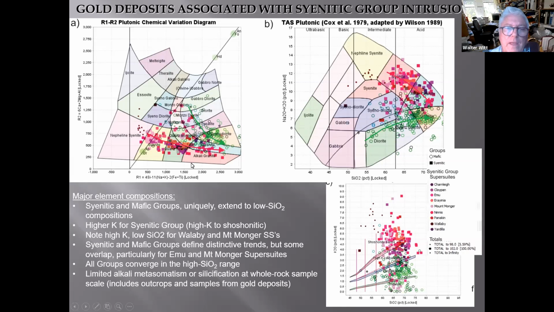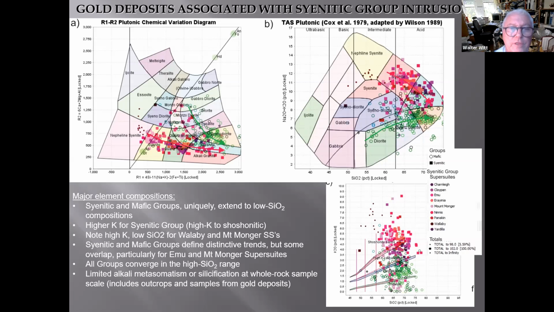And the fact that these syenitic group samples are clustering in a distinctive trend gives us some confidence that the whole rock chemistry has not been changed drastically at the analytical sample scale, despite the fact that many of these samples were taken from gold deposits and their environs.